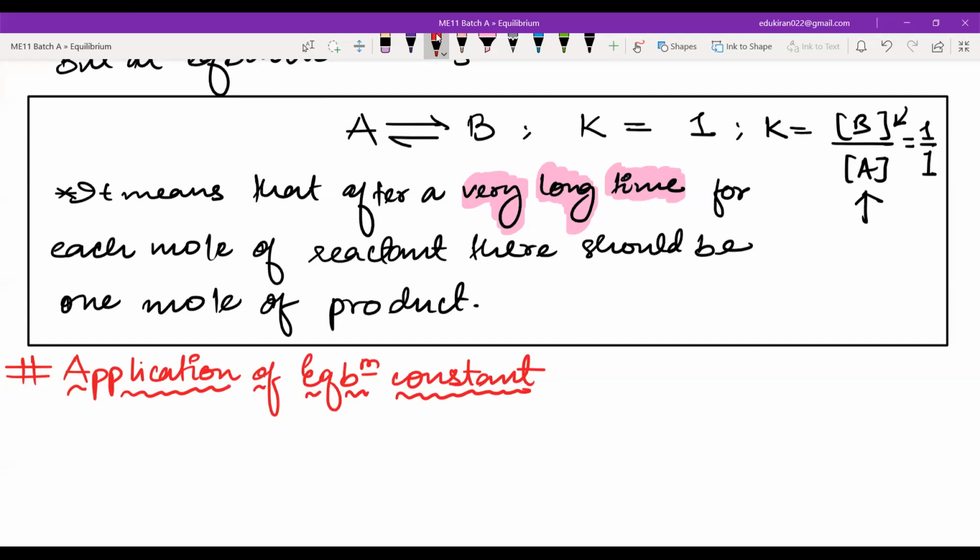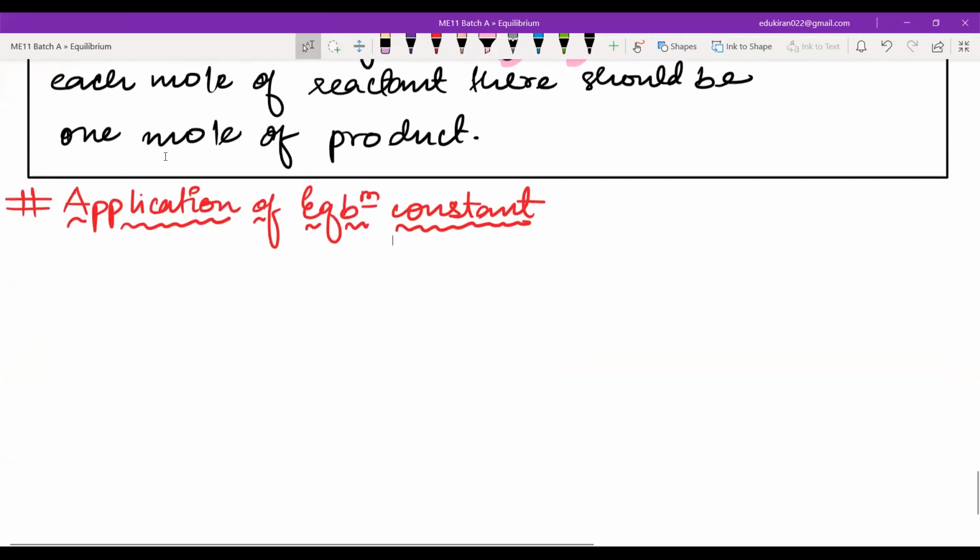Done, guys? Yes, sir. Okay, so write the application of equilibrium constant.